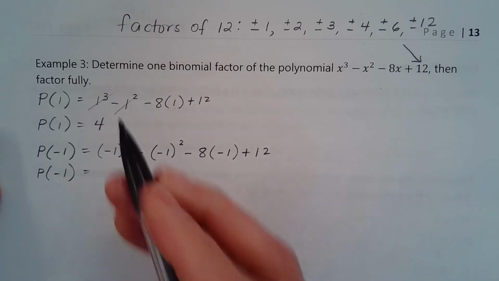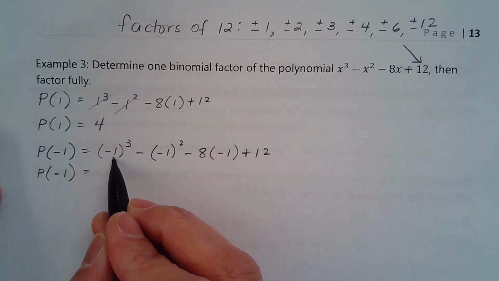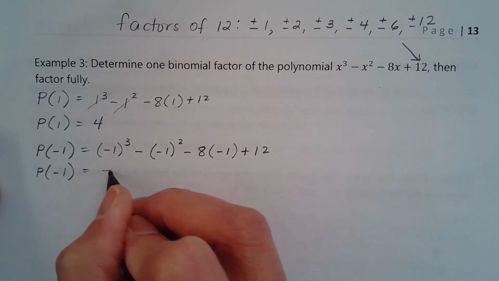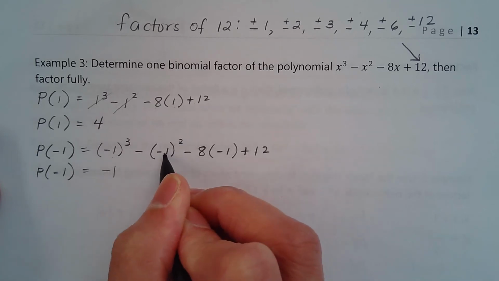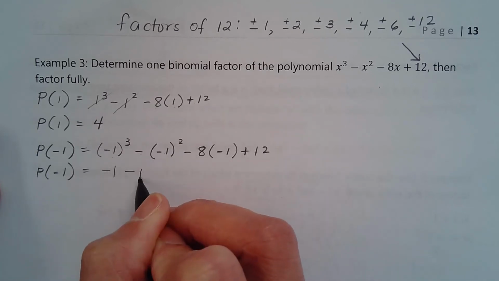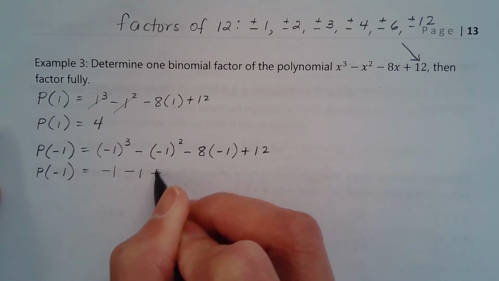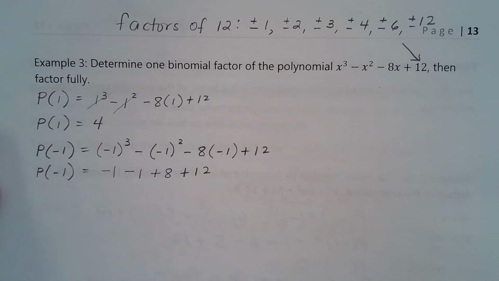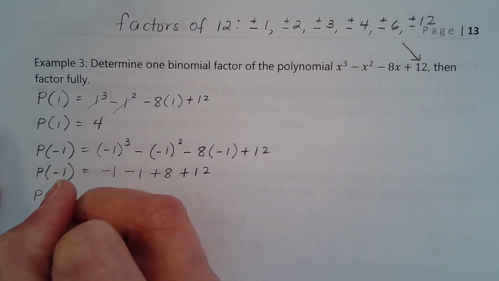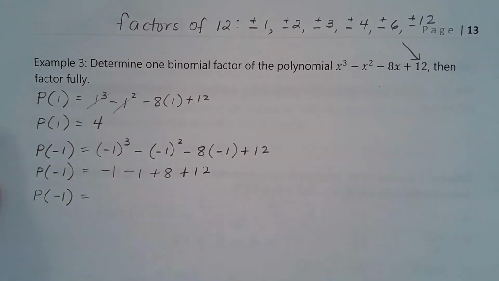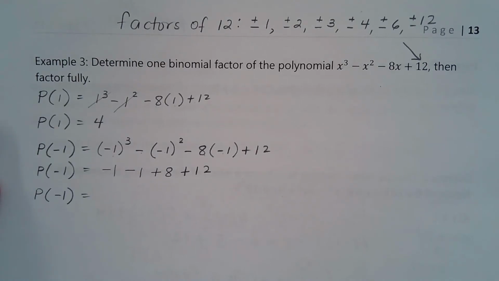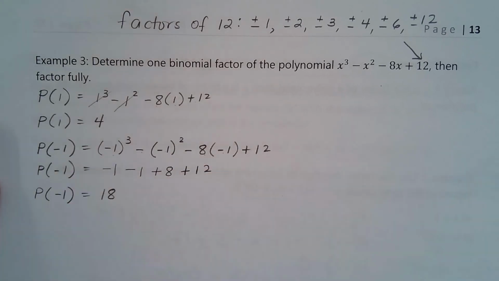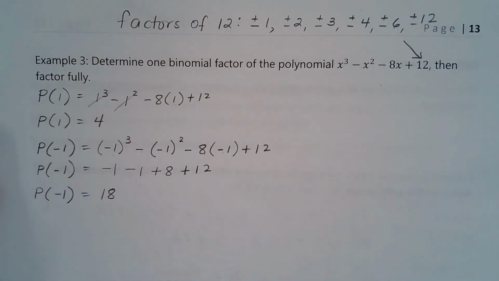That's going to give us negative 1, and then this is 1, and then minus 1. This is going to be plus 8, plus 12. So P of negative 1 is not 0. This is going to be 18.